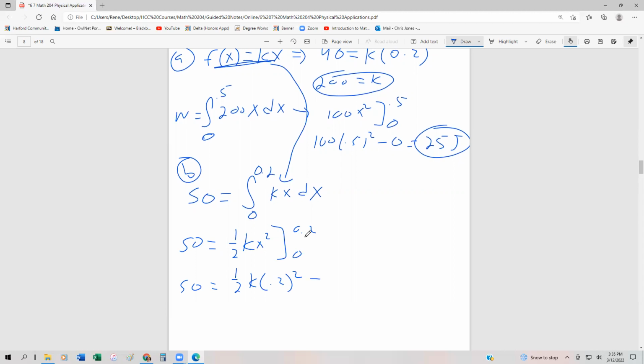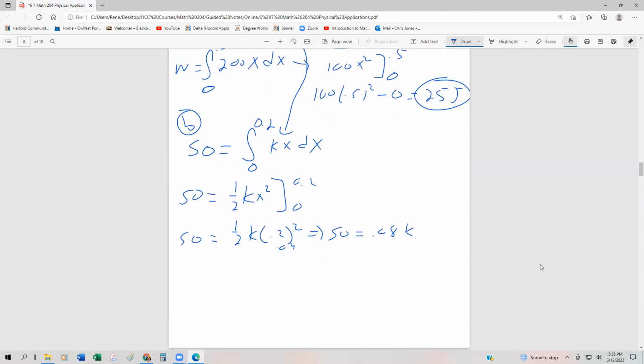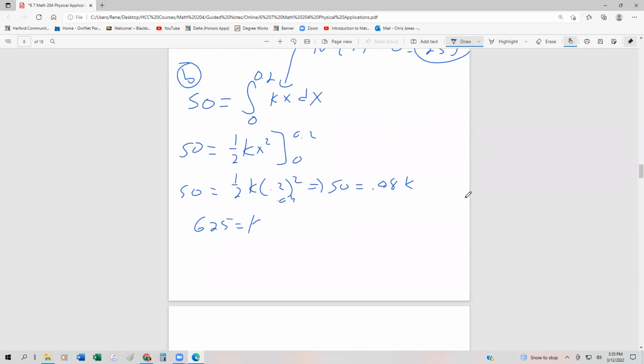This should wind up being 0.04, and half of 0.04 is going to be 0.08 k. And so if we divide both sides by 0.08, that should wind up being 625 is equal to k. Now this is the spring constant.